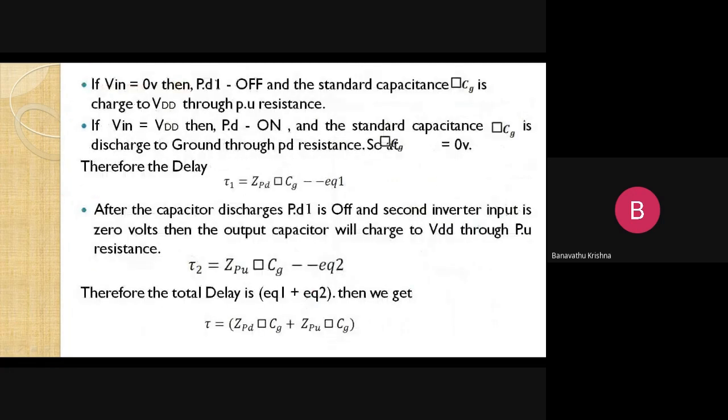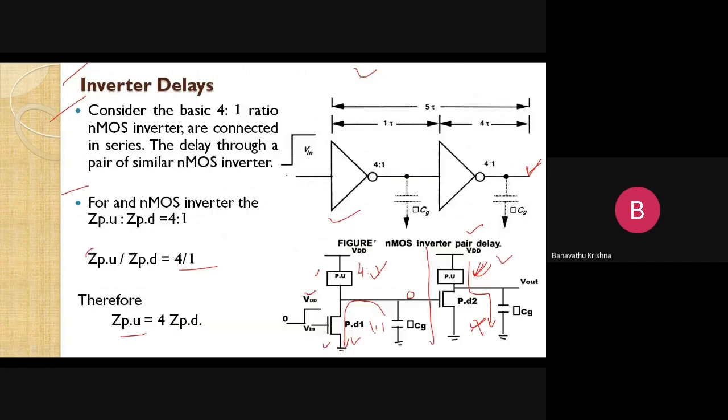So let us observe the points here. We observe two cases. One is if the V input is 0 volts, then the pull down 1 is off and the standard gate capacitance CG is charged to VDD through a pull up resistance, right? Suppose I apply input 0, then pull down transistor 1 is going to be off, and in that case the capacitor is going to be charged through the pull up transistor.